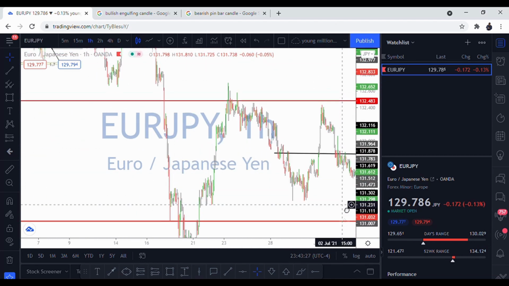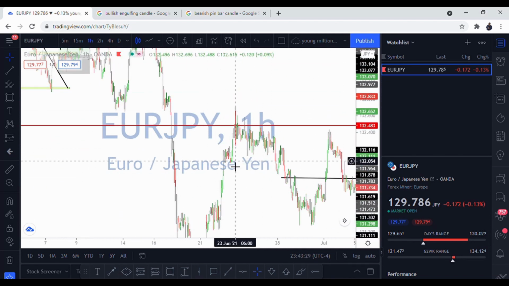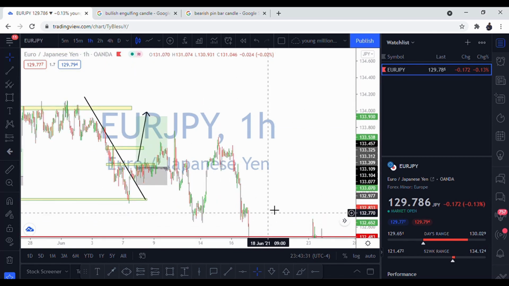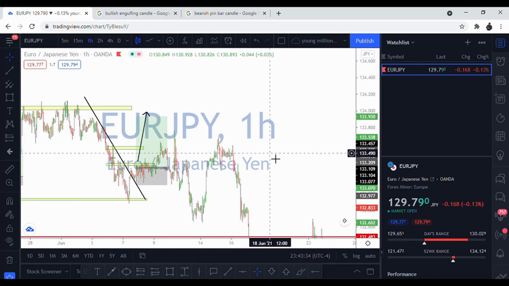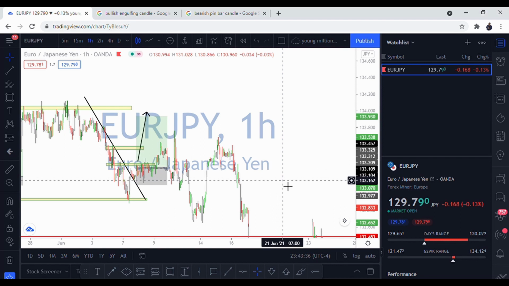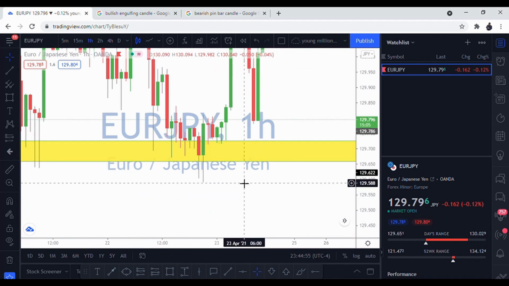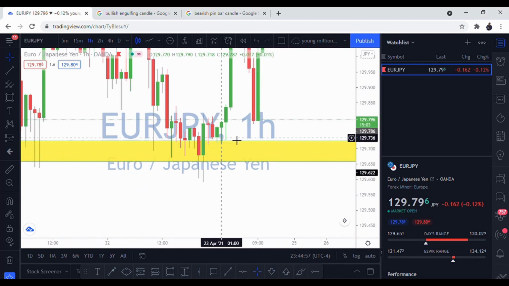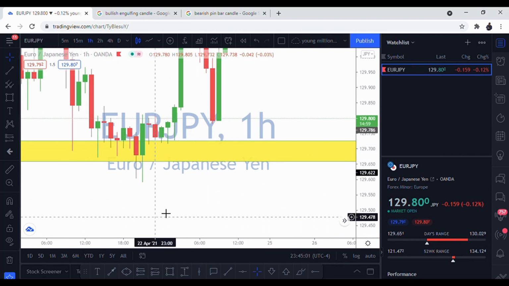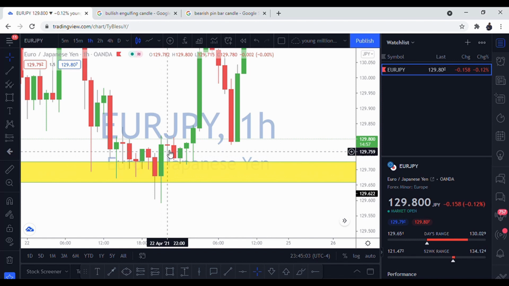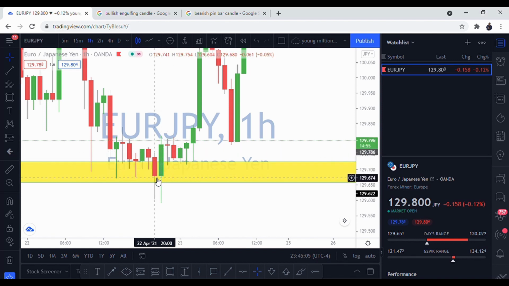Let me see if I can find a bullish one, something like this. I want to find something at a zone because we're just trying to keep at the zone areas and work from there. So right here, you notice it was at a zone, and then you see the bottom wick out, but then you see the green candlestick covered everything, and that's basically our confirmation. So it's going to probably go up.